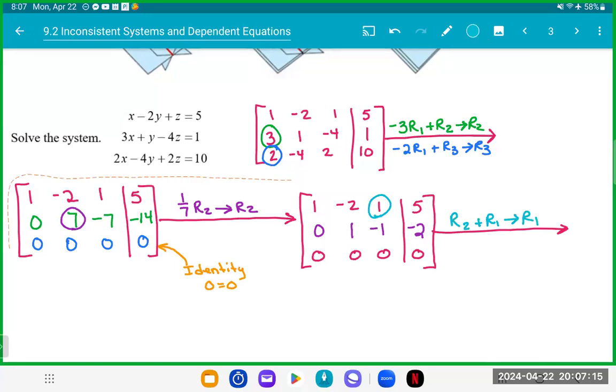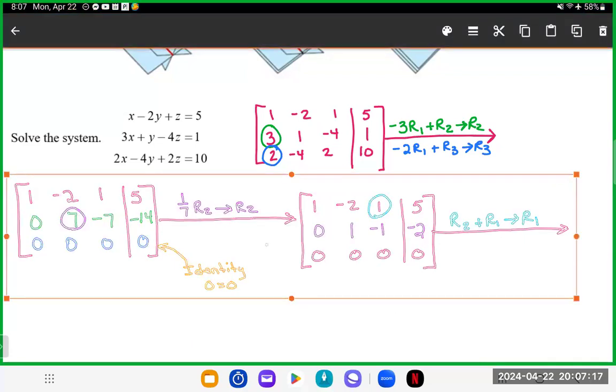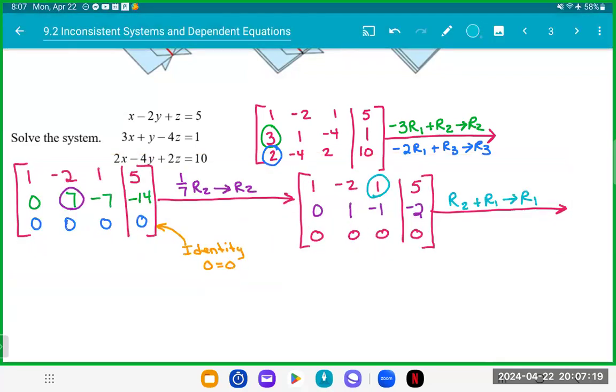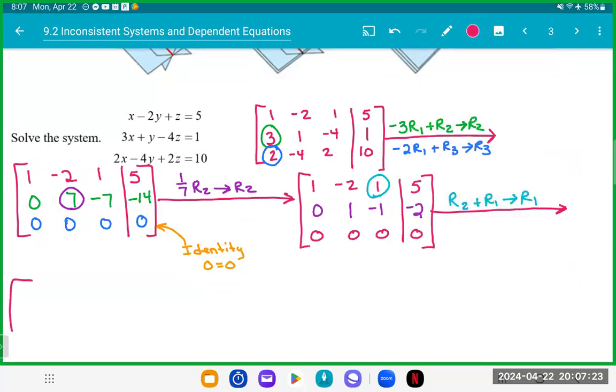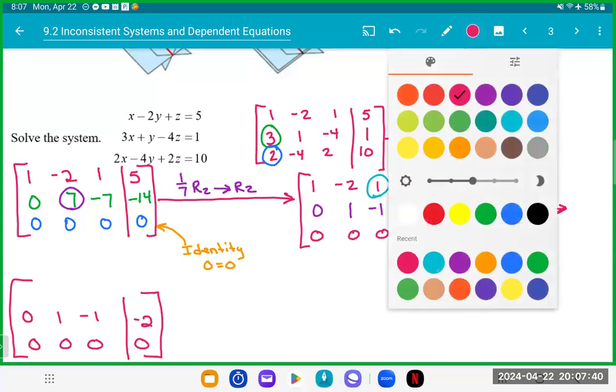I'm going to scoot this stuff up just a little bit to have more room. Okay, so row 2 and row 3 are going to stay the same, so we'll copy those over.